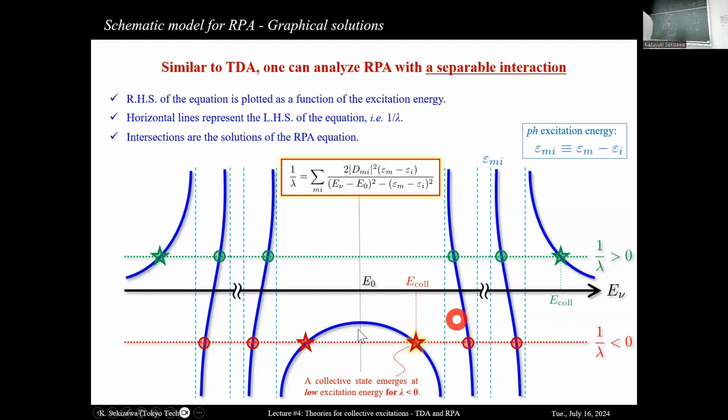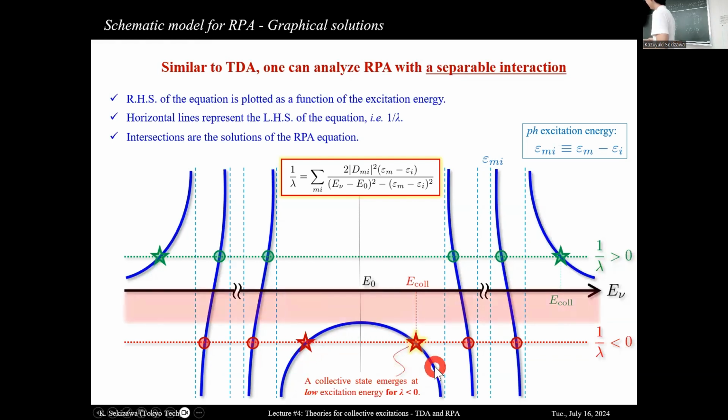On the other side, for attractive interaction, we have this solution here, smaller than the smallest particle-hole excitation energy. This is also similar to the Tamm-Dancoff approximation, but you can see some difference. The shape of this curve is not going this way, but going upward.